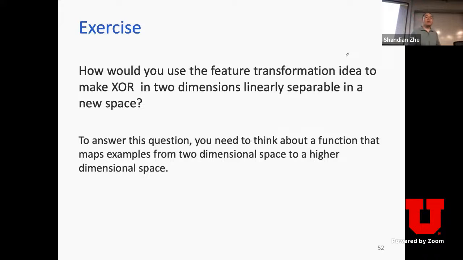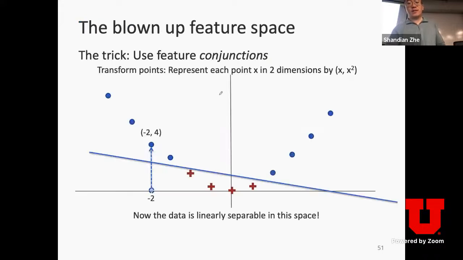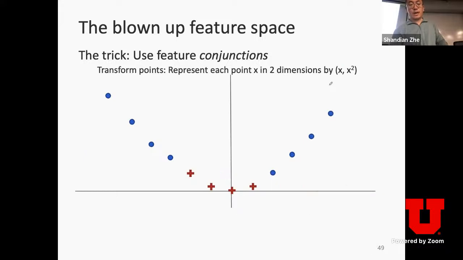Okay, so now this will be left as an exercise for you. How would you use the idea of feature transformation to make XOR in 2 dimensions linearly separable in the new space? Think about that. Maybe this method doesn't work, I don't know. I have a little exercise for you. The XOR function itself is not linearly separable because it exhibits parity.